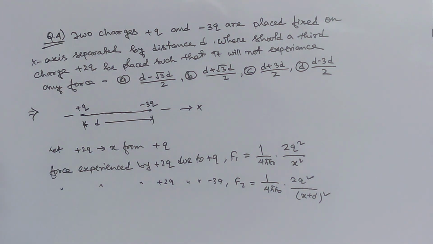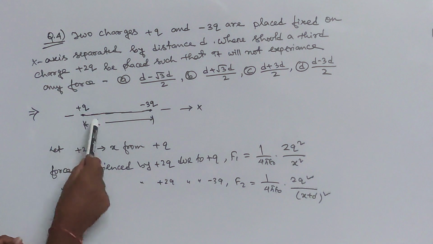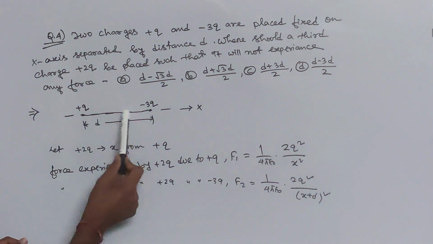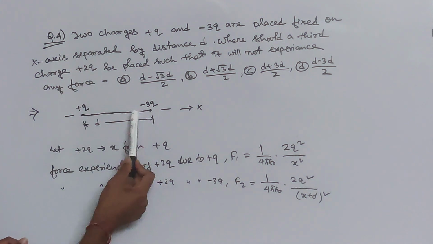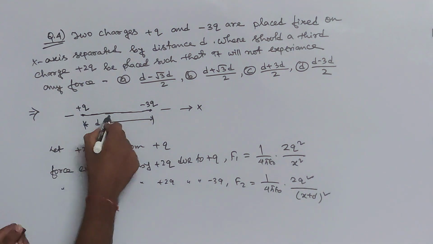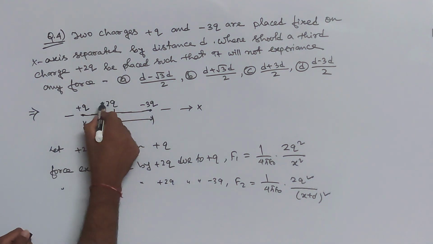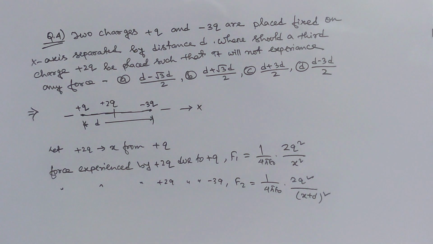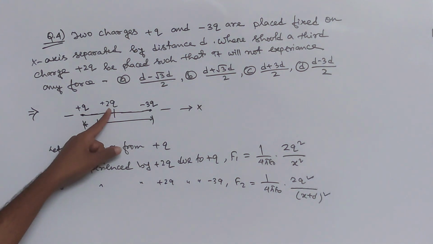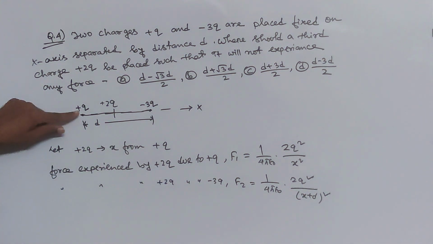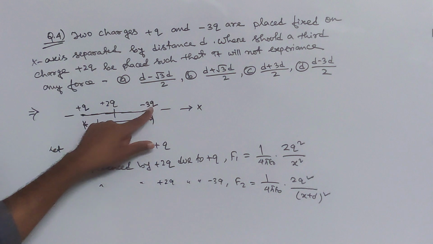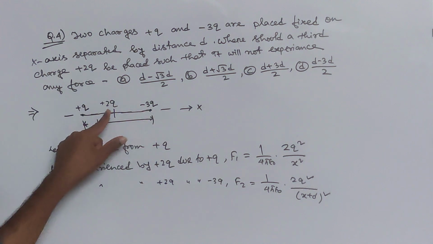Why? Because if you put the charge plus 2q anywhere on this line between plus q and minus 3q, let's say I put it here, then plus q will repel this plus 2q charge, so it will experience a force along the x direction due to this plus q charge, and minus 3q will attract this plus 2q charge.